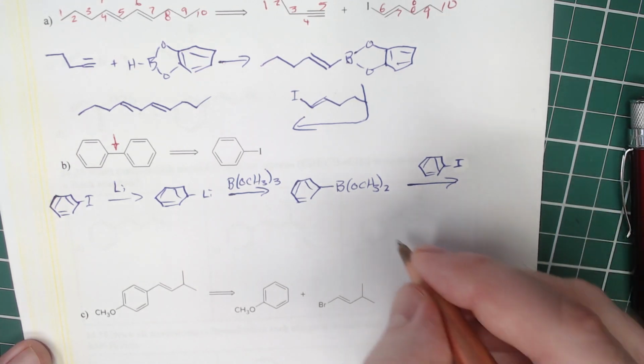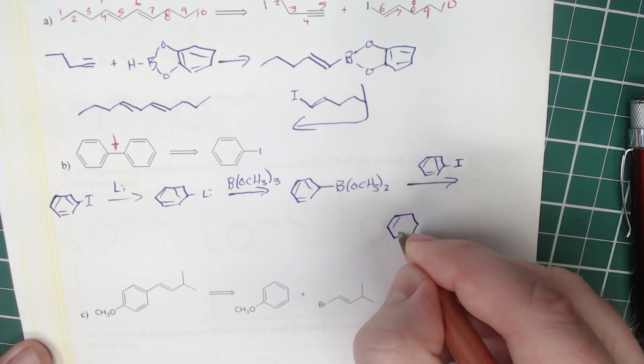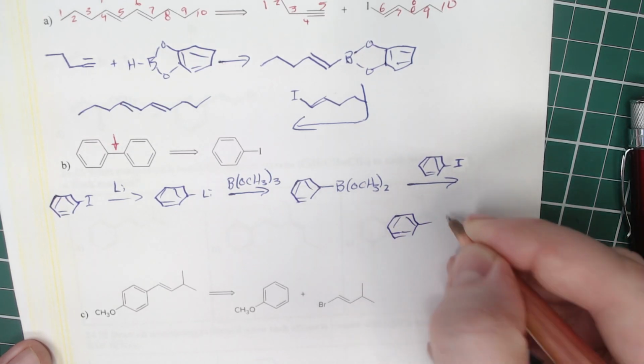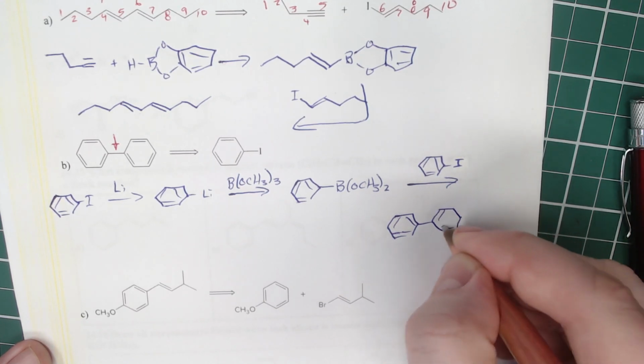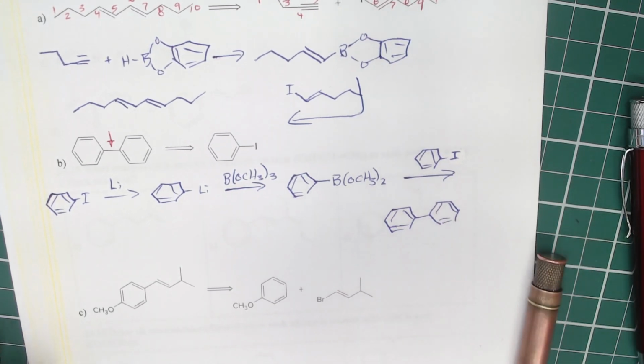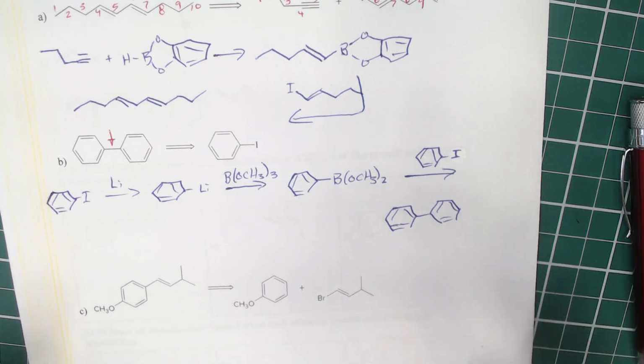And then our product is just going to be biphenyl. Now, if you would ask me what is the most efficient and cost-effective way to make biphenyl, I probably would not say this. I would probably say there is definitely an easier way to do that. For one, biphenyl is something that occurs naturally in petroleum, so in tar.